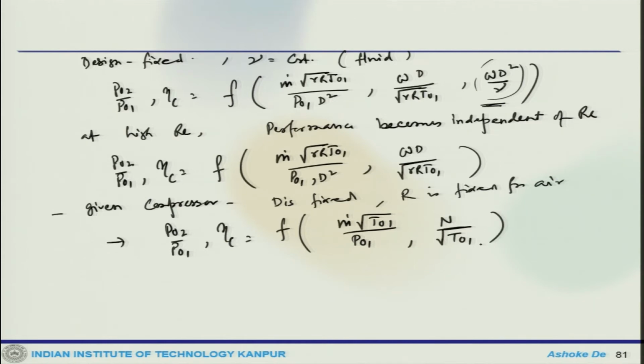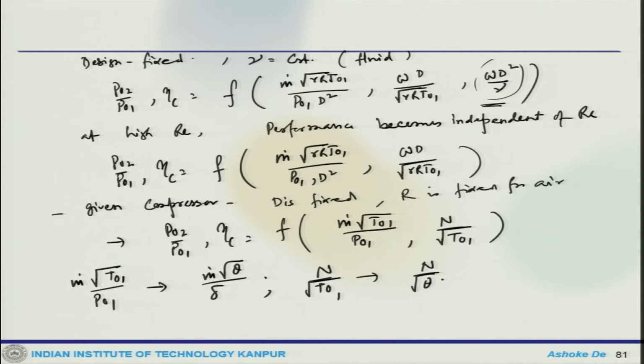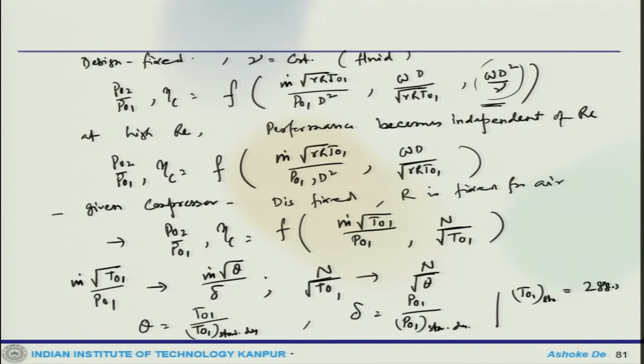We can further modify the choice to m dot root theta by delta and n by root theta, where we define theta as T naught 1 divided by T naught 1 of a standard day, and delta as P naught 1 divided by P naught 1 of a standard day, where typically T naught 1 of a standard day is 288.15 Kelvin and P naught 1 of a standard day is 101.325 kPa.